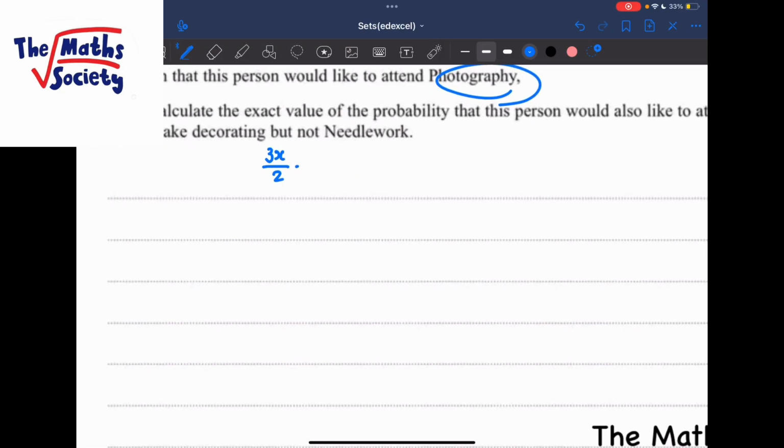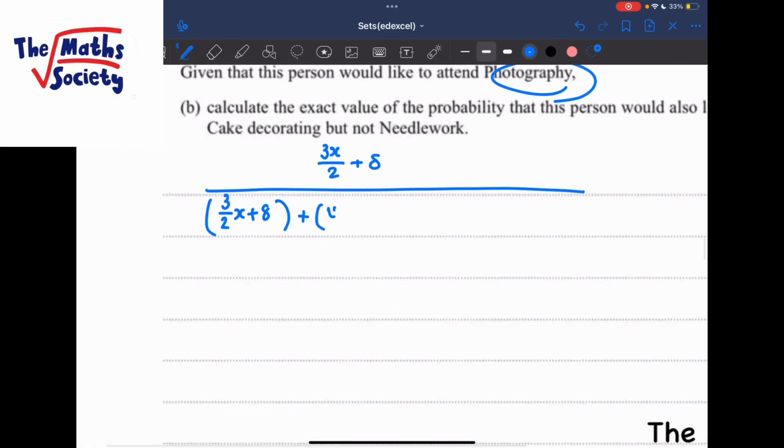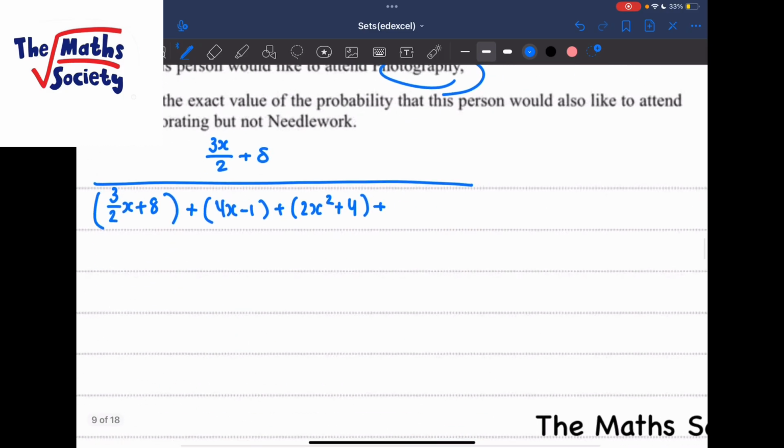The total for photography is x plus 4x minus 1 plus 2x squared plus 4 and then x squared plus 2x minus 3.